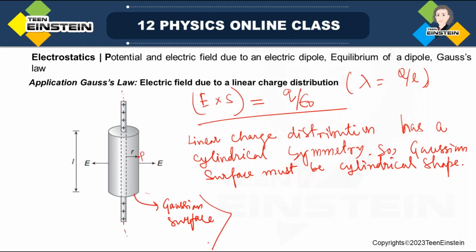Now I have to calculate the flux through all the surfaces. There are three surfaces: one curved surface, and two plane surfaces.